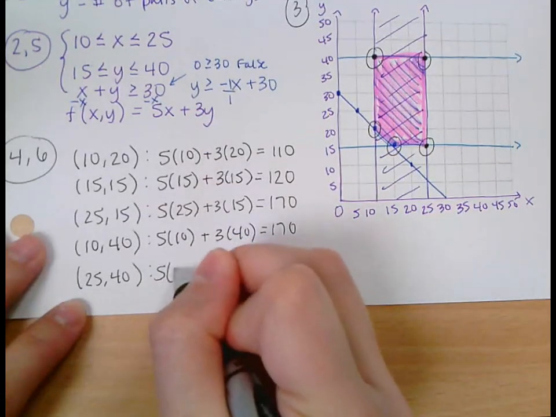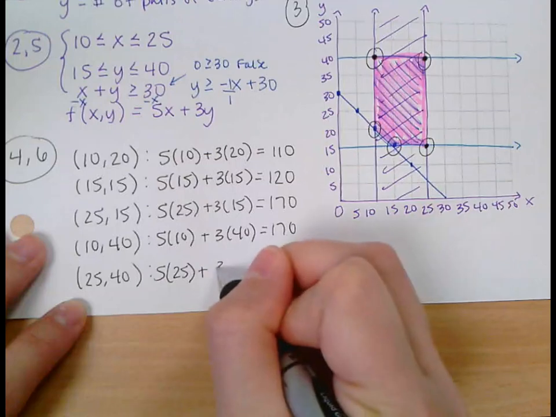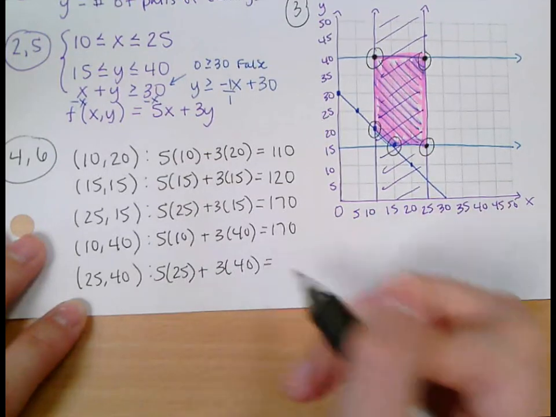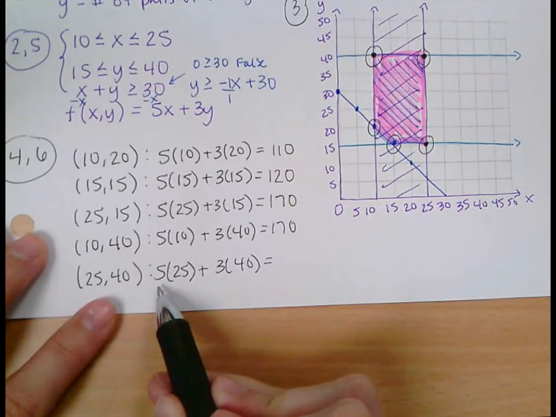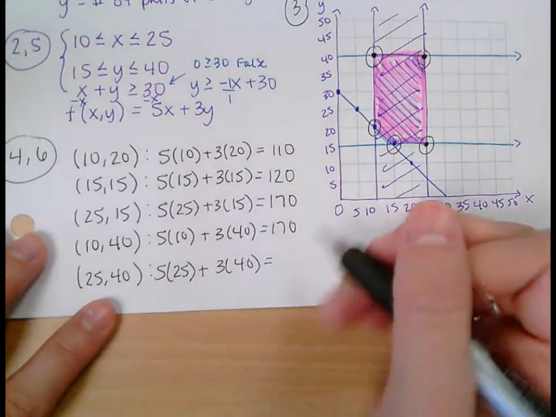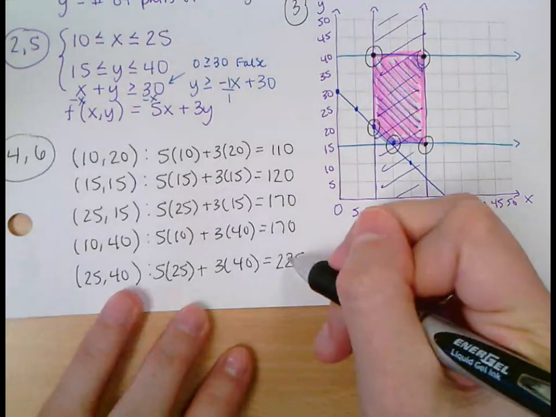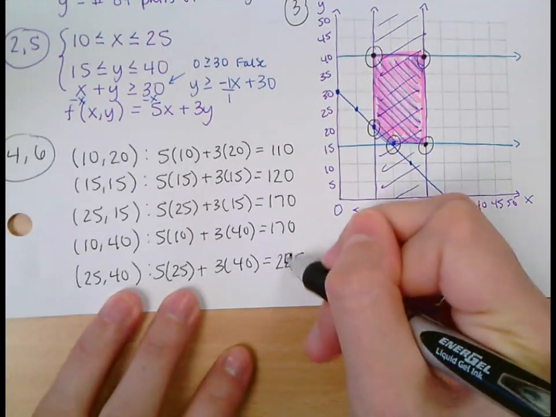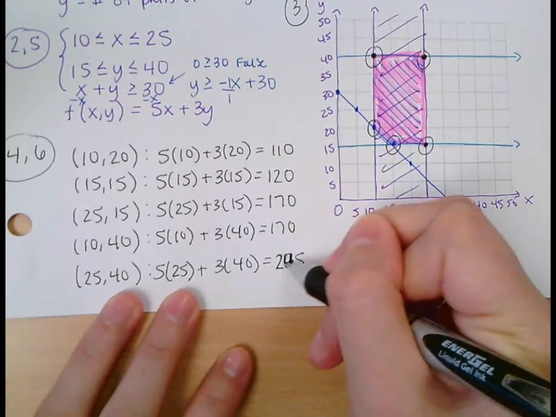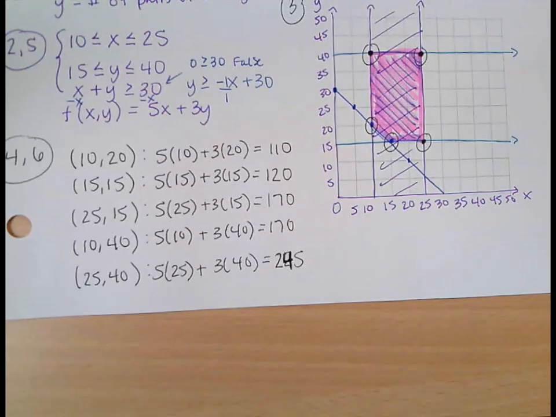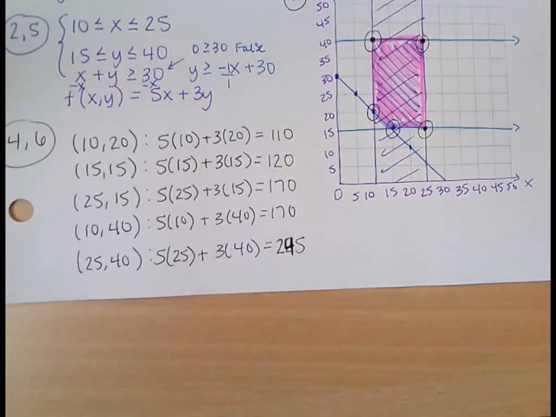And then 5 times 25 plus 3 times 40 would be 125 plus 120, so 245. Questions on that part?